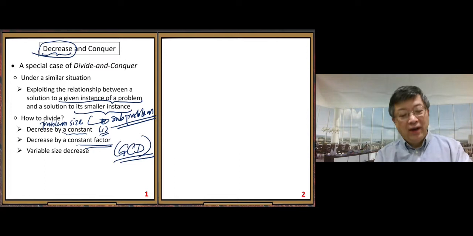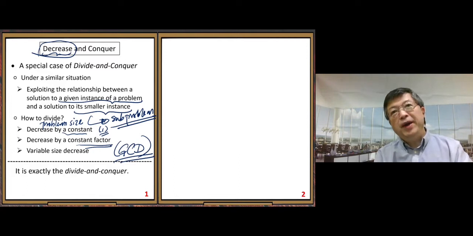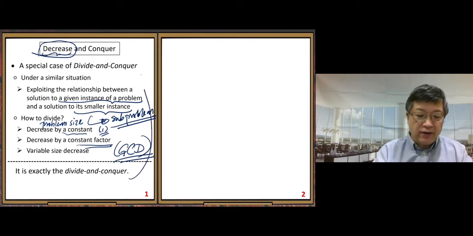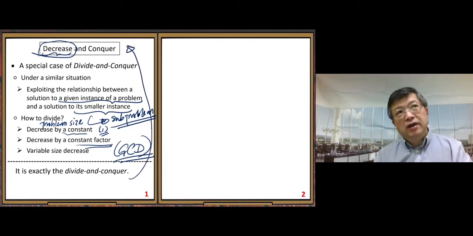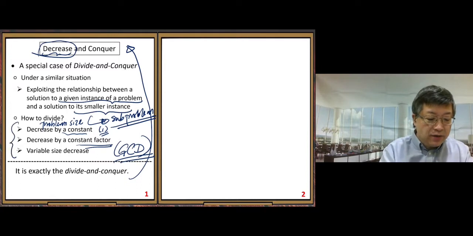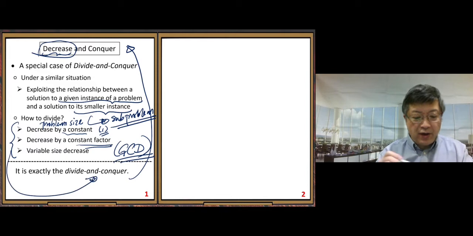But here, I would like to make some comments on this method, decrease and conquer. Based on my opinion, it is the same thing. What it does is exactly divide and conquer.